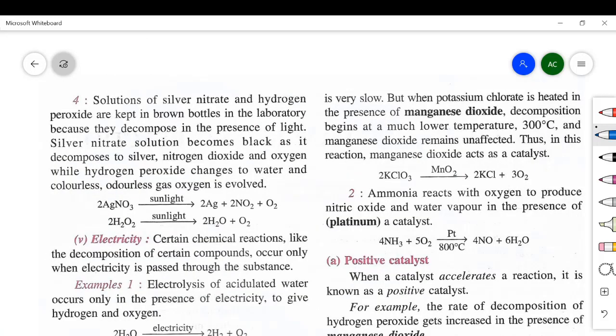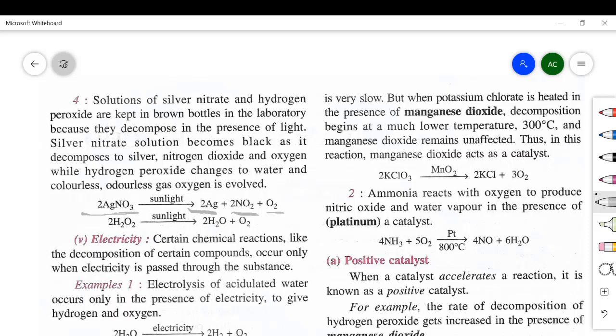Okay, another example in the presence of sunlight. Silver nitrate in the presence of sunlight will decompose into silver, reddish brown vapors of nitrogen dioxide, and oxygen gas. So this is also an example of a reaction happening in the presence of light, or a decomposition reaction in the presence of light.